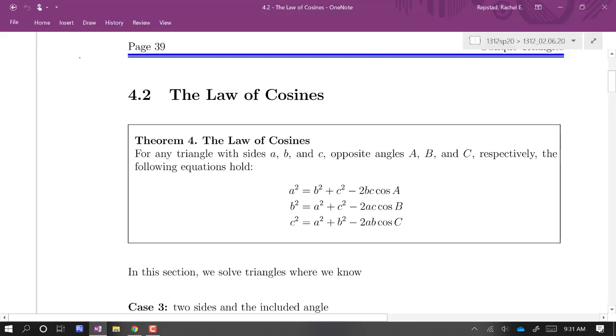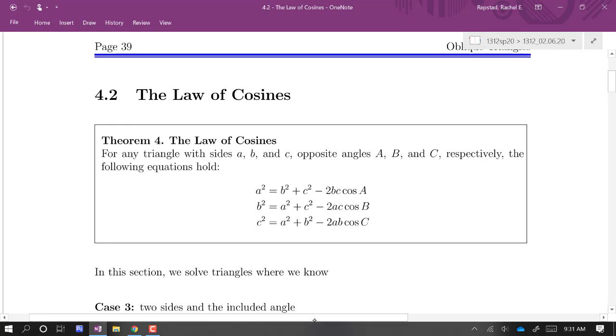Okay. So the law of sines came as proportions that are equal to each other, just basically saying that if you take a proportion of a side to the sine of the opposite angle, that's constant. So a over sine A is b over sine B is equal to c over sine C. The law of cosines comes as a set of three equations, but really it's like one template equation, and then you get the different versions of it based on which angle your focus is on.